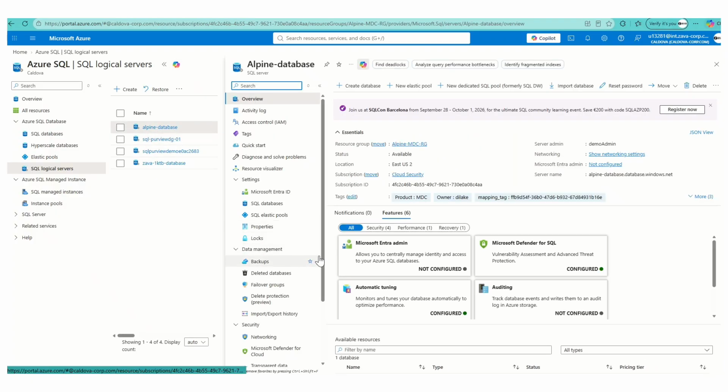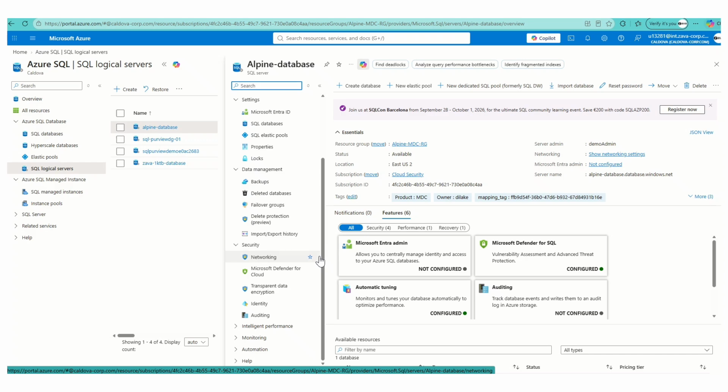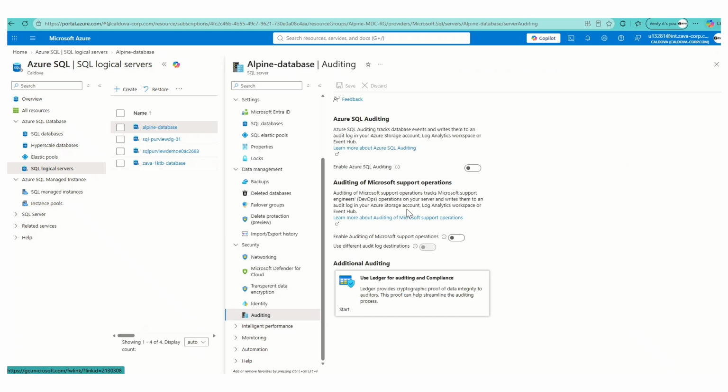I want to take a look at the auditing of the server. This is why when we looked at the database, it was disabled.